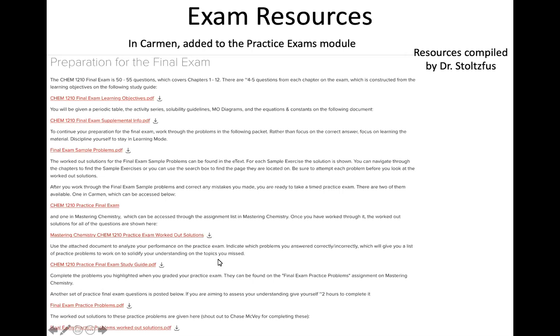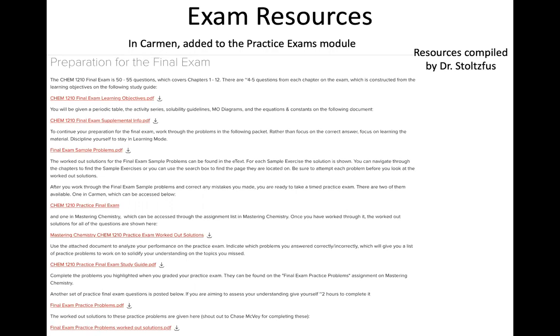Some folks are using that, and if you want to continue to use that, that's great. Also added within Carmen, if you recall, there's a module where we have different practice exams. So in Carmen, there's now information in the practice exam pertaining to the final exam. So within here, these are resources that my colleague, Dr. Stolfus, has put together. He's been really working hard on compiling all the information for the different practice exams. And so he put together this guideline, this set of resources that we can use as well.